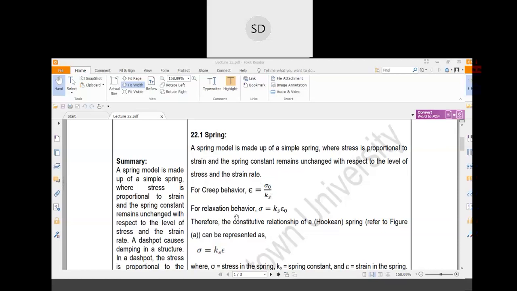And for the relaxation behavior, which happens when strain is constant, your stress would be spring constant into constant strain. So the definition of the spring constant is nothing but Ks equal to stress divided by strain.